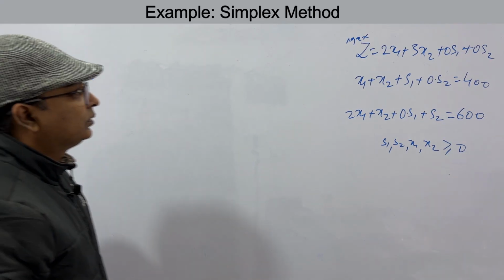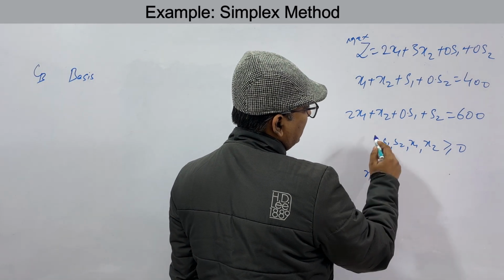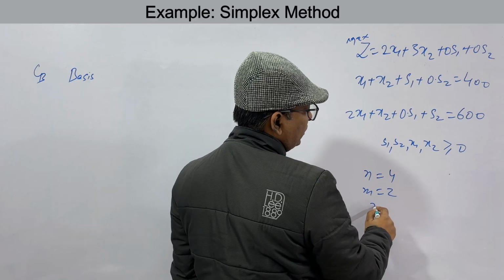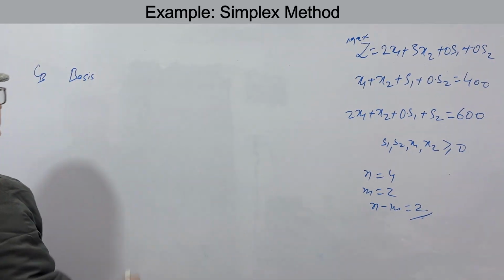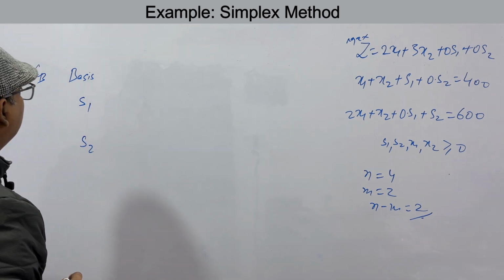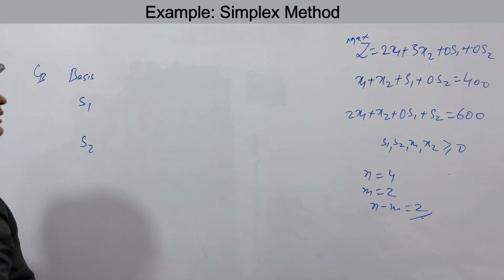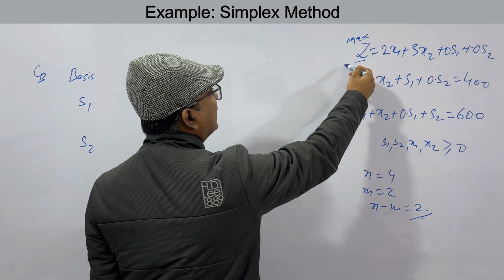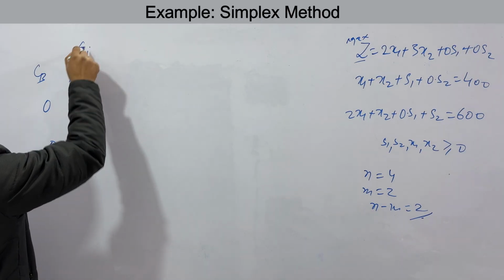We have 4 variables, that is n is 4, and the number of constraints m is 2. Therefore n minus m is 2. We'll have 2 basic variables and 2 non-basic variables. As I told you, we'll have s1 and s2 as basic variables. So we'll write the basic variables and the coefficients of the basic variables in the objective function. Obviously it is 0, 0. Then we'll write Cj. What is Cj?